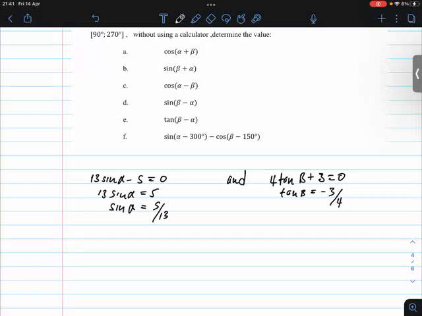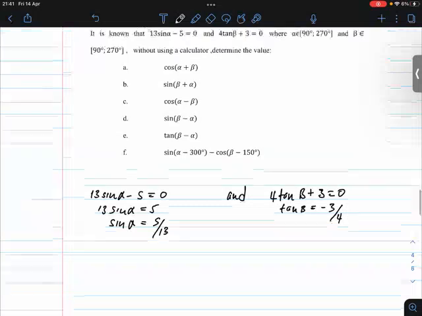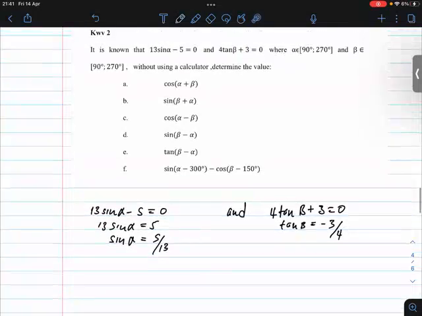Okay. Good. So now let's look at the conditions. These conditions are very important. They say alpha is an element of 90 degrees to 270.